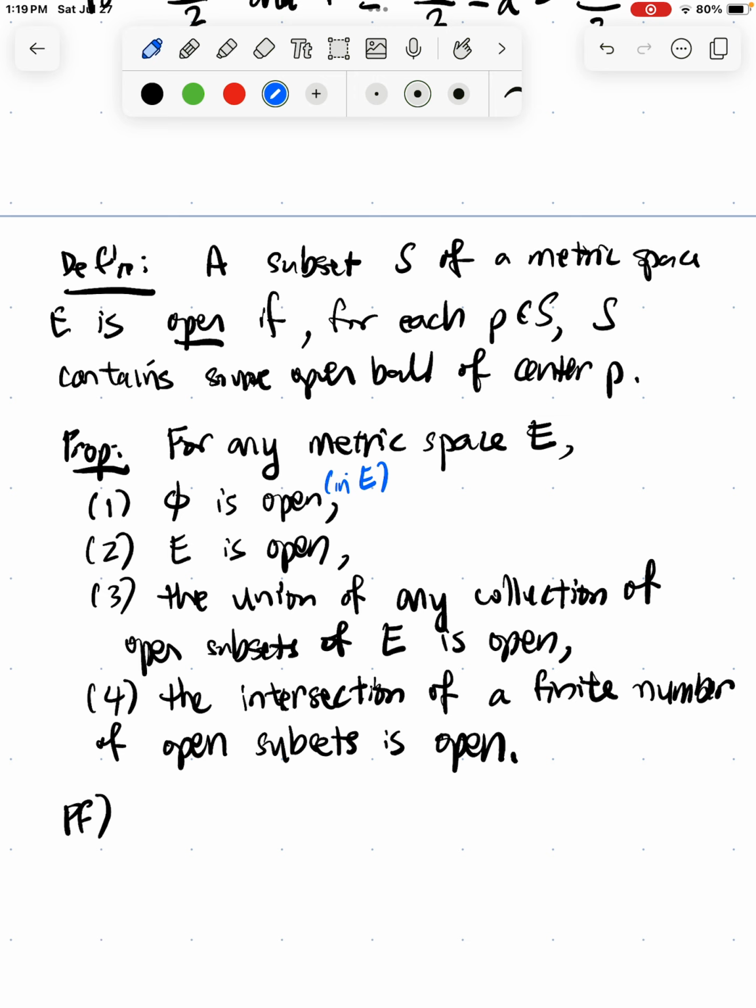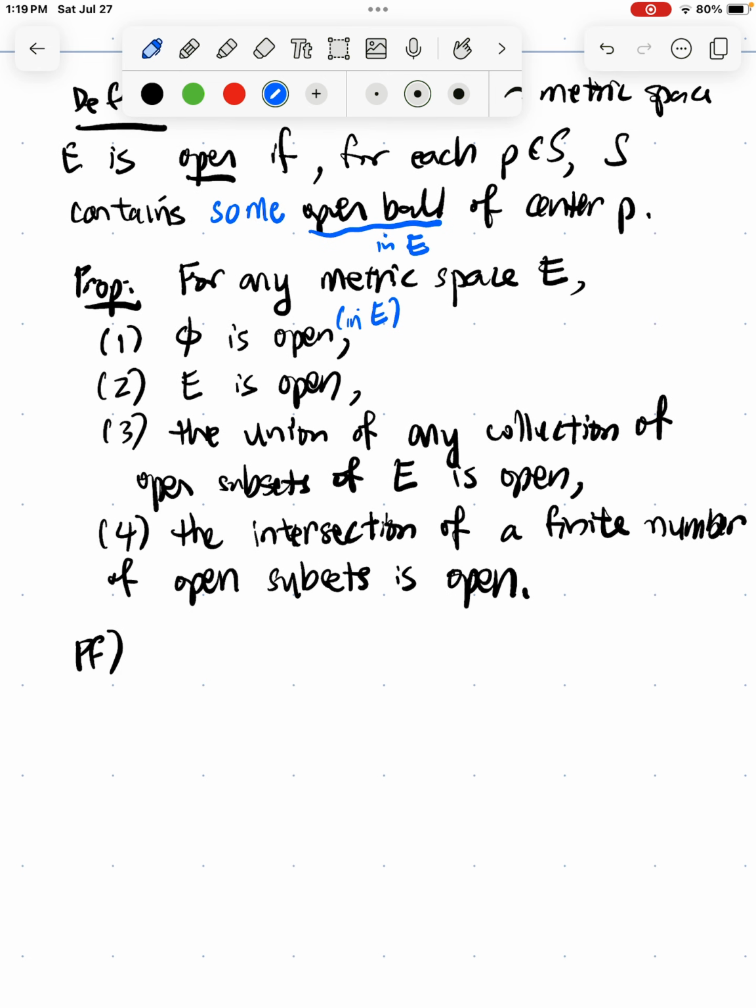A subset S of a metric space E is open if for every P in S, S contains some open ball of center P. When we talk about an open ball, we mean an open ball in E of center P. Okay, so let's go back to the proof of this proposition.